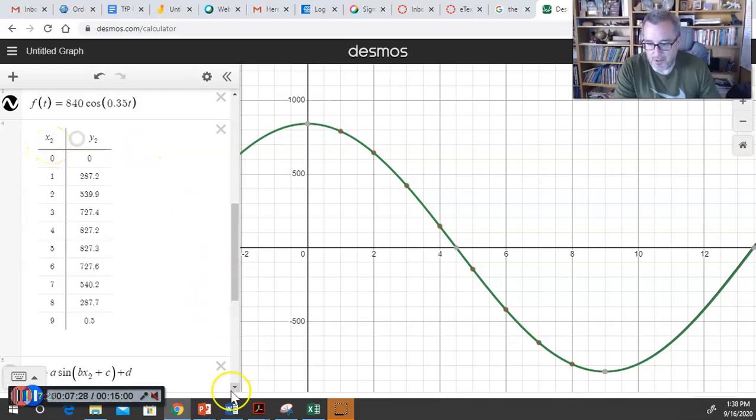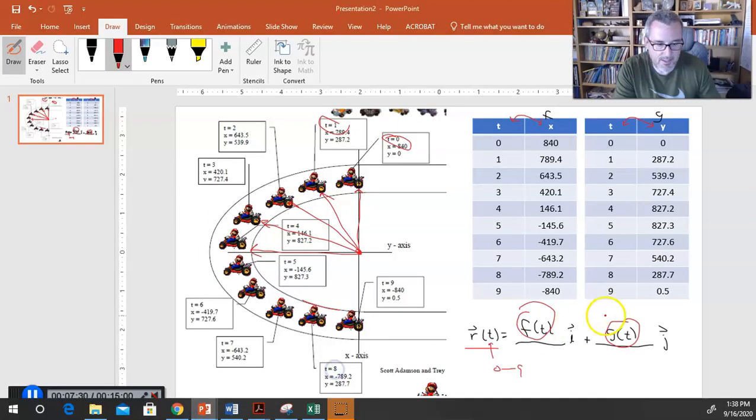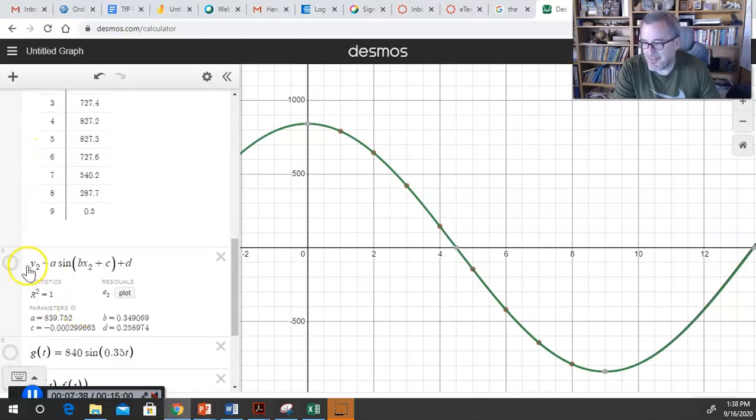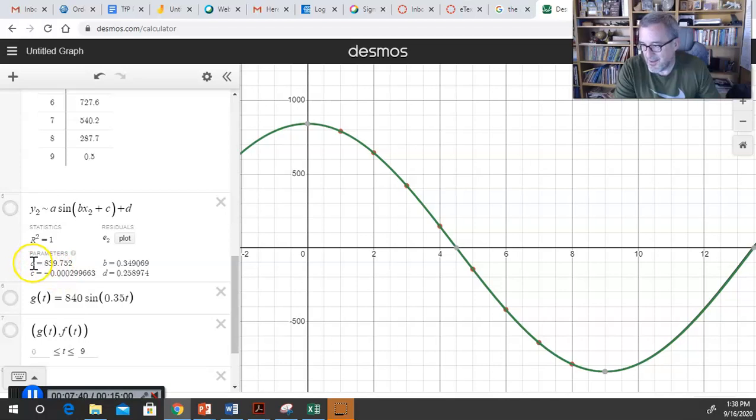function. Remember, the g function was my y, or the j hat component of my vector. And so I again entered all the data, did a regression, and A is 840. Now the reason 840 is particular is I don't remember exactly the details of this project, but I scaled it so that the radius of the circle was 840 Mario units.